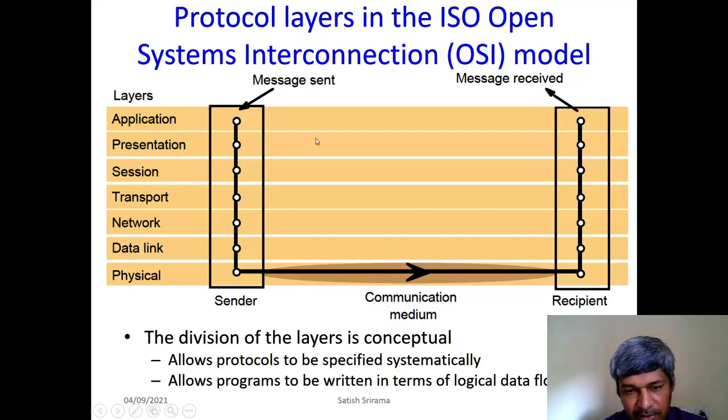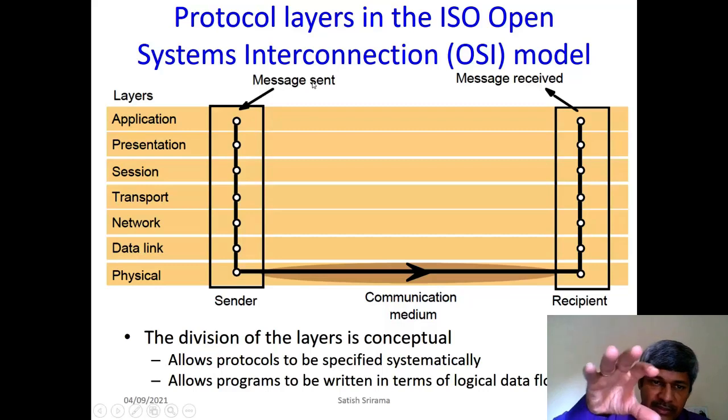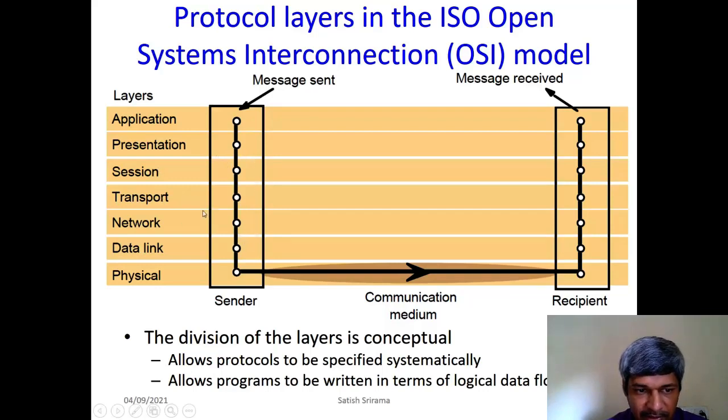When you are trying to send a message from a sender node to the recipient node, as I already mentioned, in the internet we follow packet switching. Whatever message you are sending will be put in packets at the application layer, and each layer will keep adding additional information to those packets. Each layer is responsible for a particular thing and implements particular protocols.